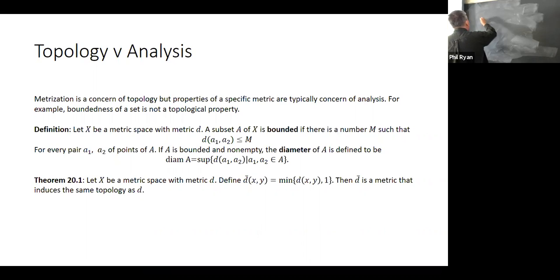So we're comparing the distance between x and y with the distance between x and z plus the distance between z and y. If any of these is 1, then we're done, because this at most can be 1. So if one of these is 1, then we win. What happens in the case where these two have distance less than 1?